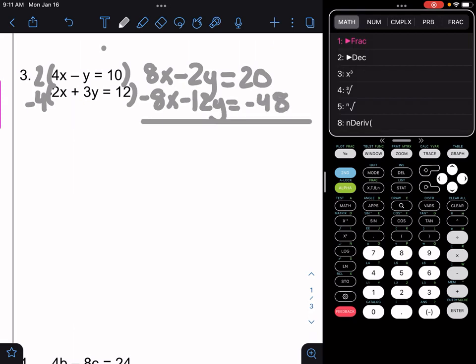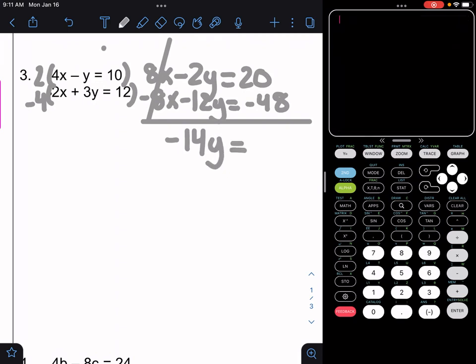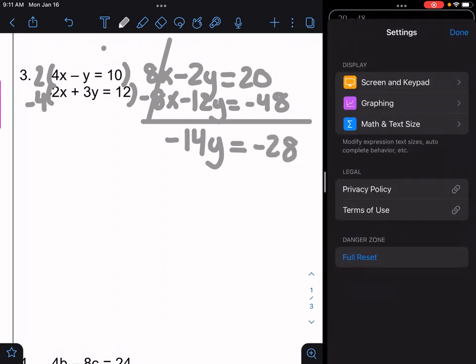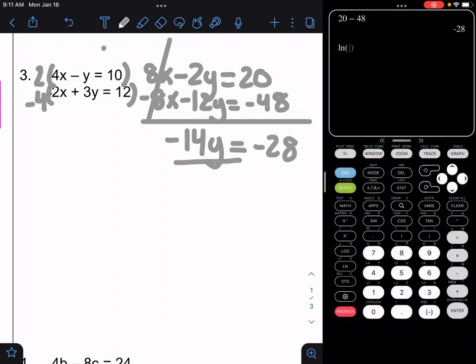Negative 8x plus 8x crosses off. Negative 2y minus 12y is negative 14y. And 20 minus 48 is negative 28. Now let's divide by negative 14. And I get y equals 2.